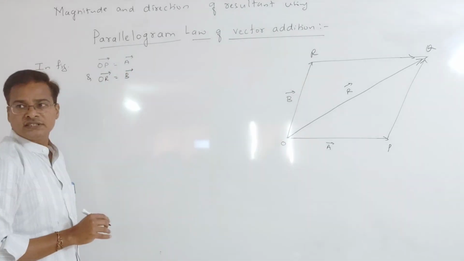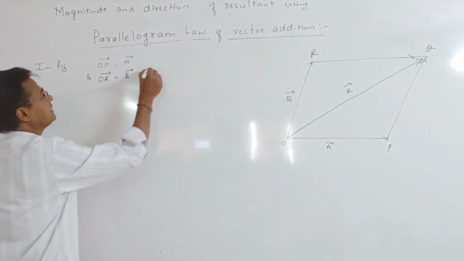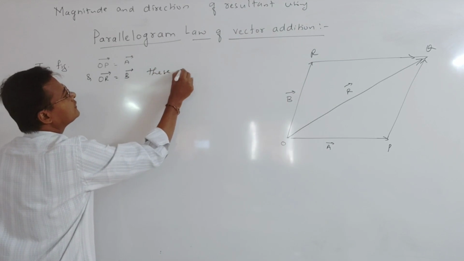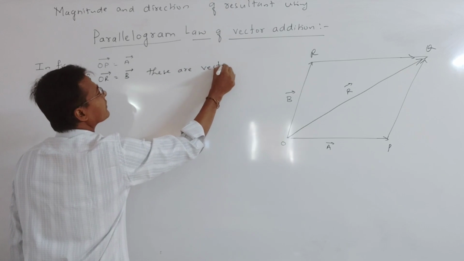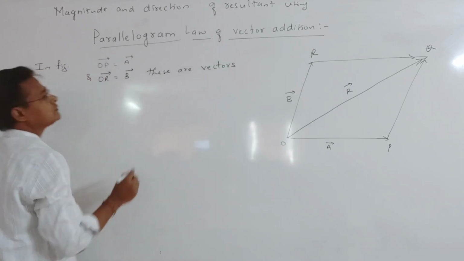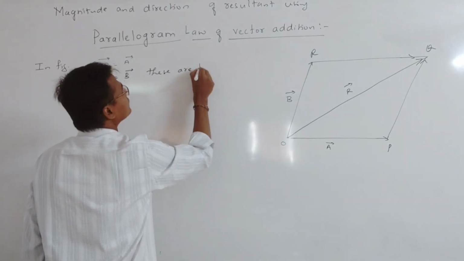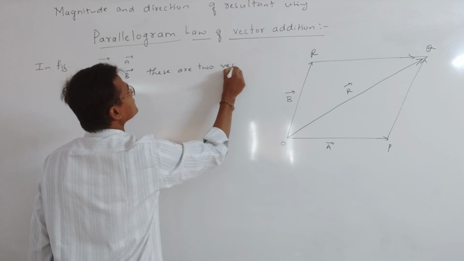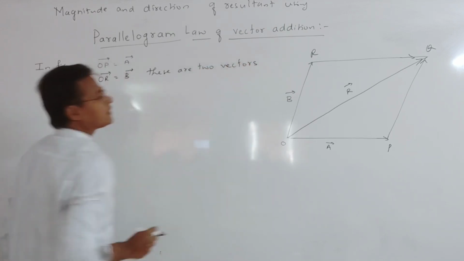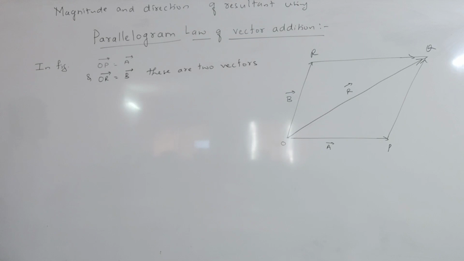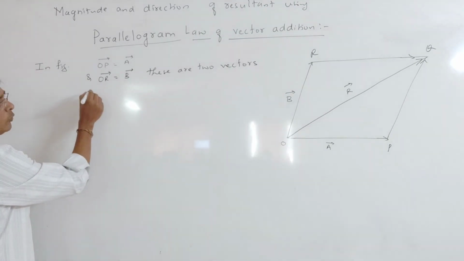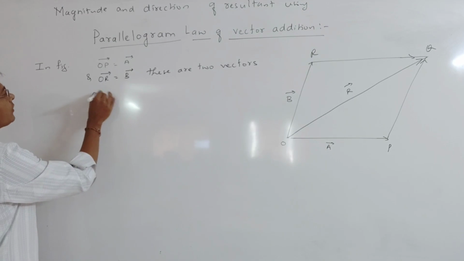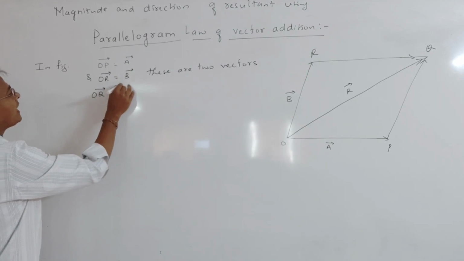Okay, so these are the two vectors. And now we can see that OQ vector is equal to the R vector.